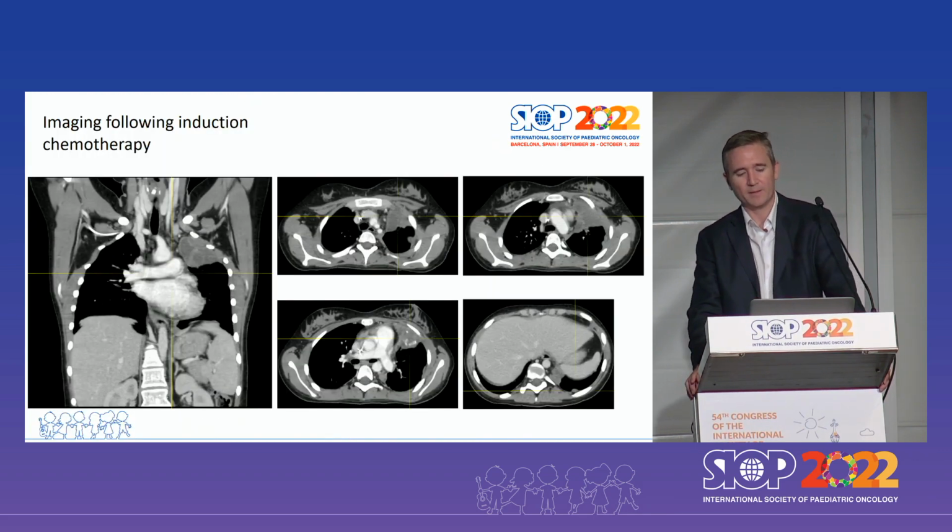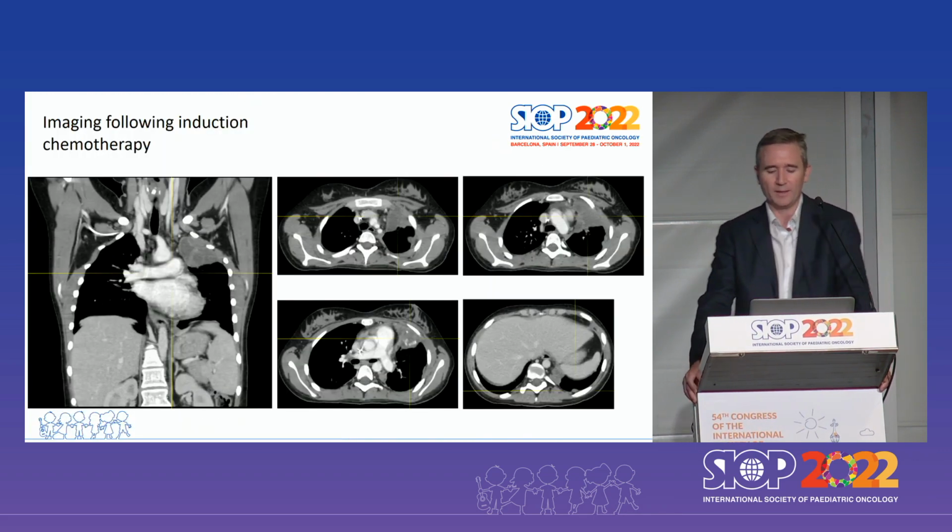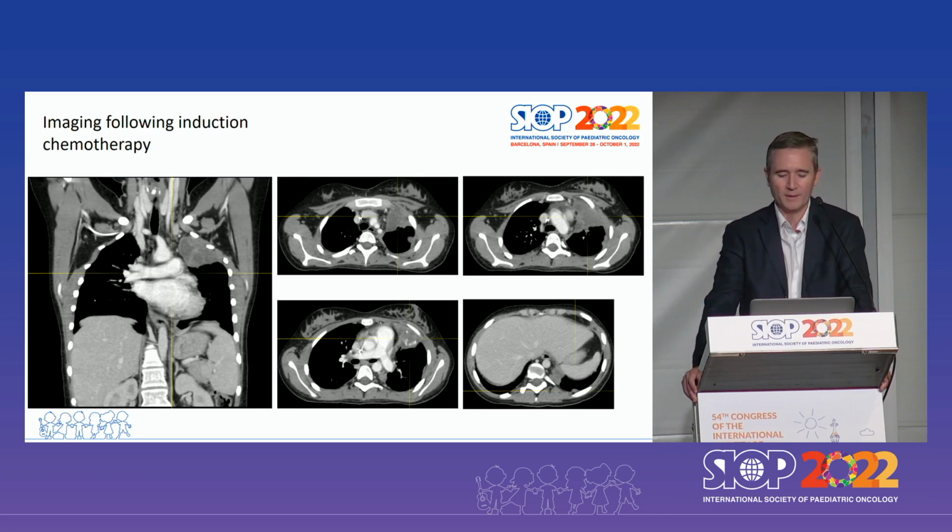She receives induction chemotherapy and has a pretty good response. You can see the gross disease is largely now limited to the apical aspect of the left hemithorax, but still with some posterior nodularity and pleural studding here at different levels on the axial.